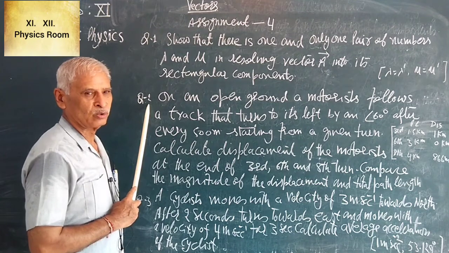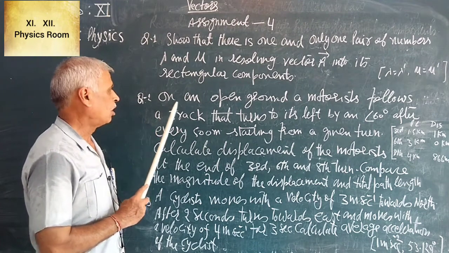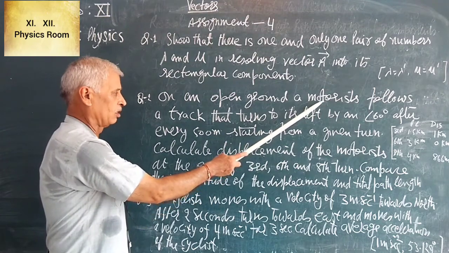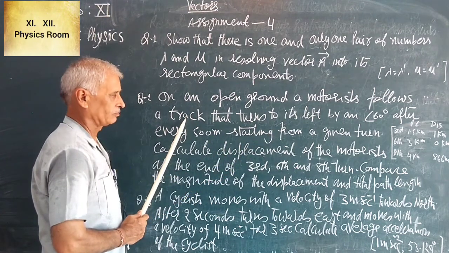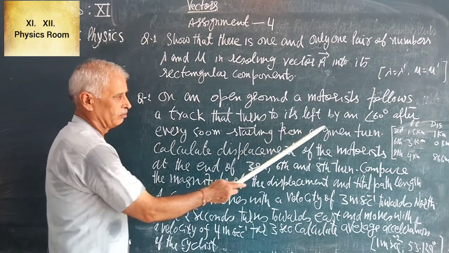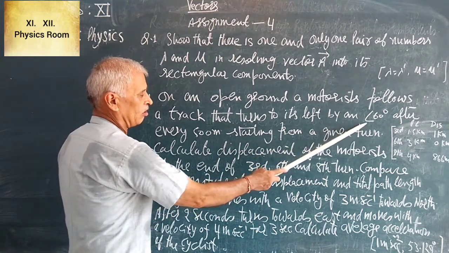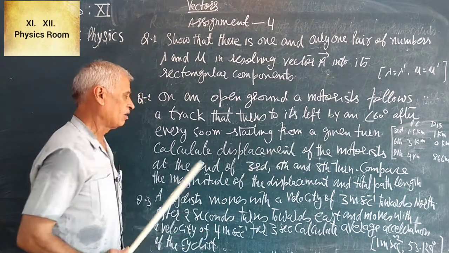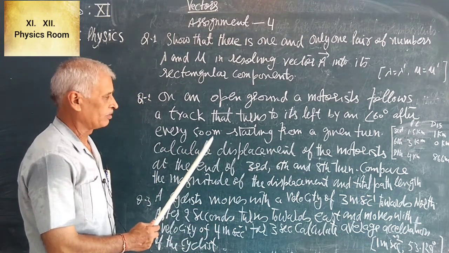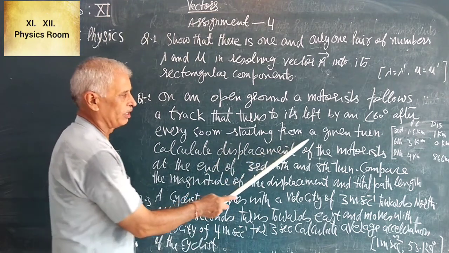Now question number 2. On an open ground, a motorist follows a track that turns to its left by an angle of 60 degrees after every 500 meters starting from a given turn.